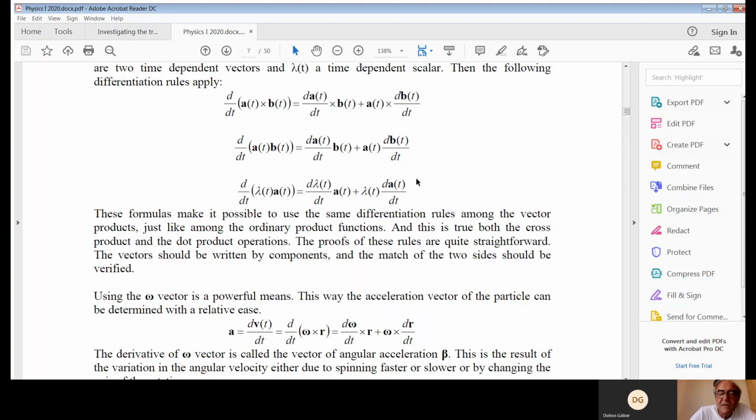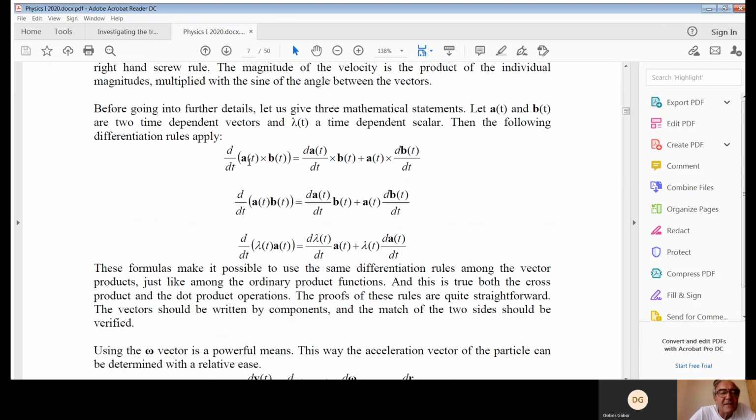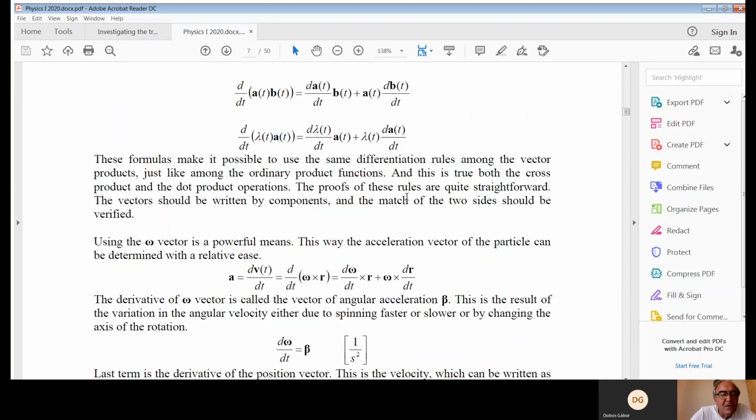The proof of these rules is quite straightforward. The vectors should be written by components, and the two sides should be verified. So we just have to take some vectors, write them in coordinates, carry out the cross product with the determinant, and make the differentiation and check that this is working out. And in fact, it is working.